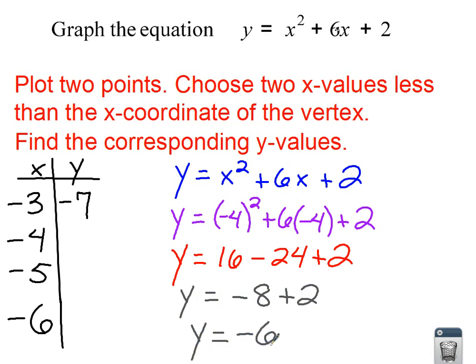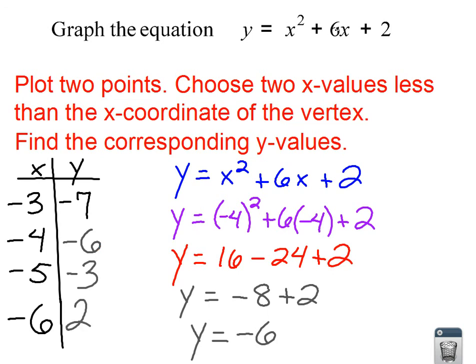All right, so when the input is -4, the output will be -6. Please pause the video and finish off these last two values in the function table, and then we're going to go ahead and graph all these ordered pairs.